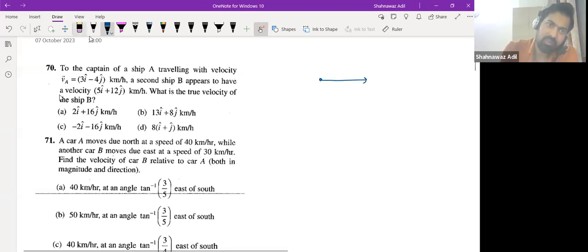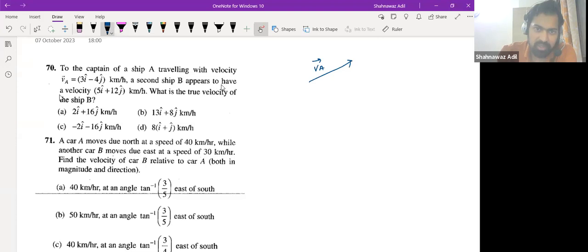This is in one dimension, we should write it in two dimensions. And then we have a second ship B which appears to have a velocity. So we are measuring this velocity of B with respect to what?